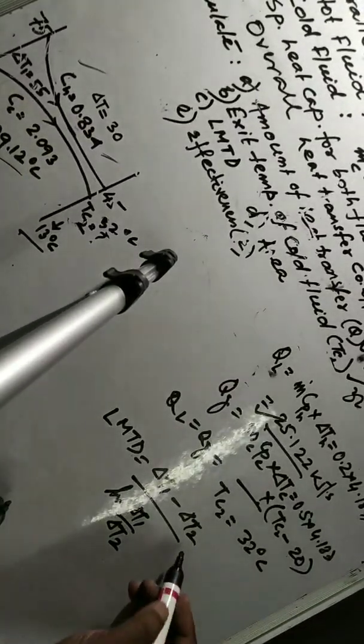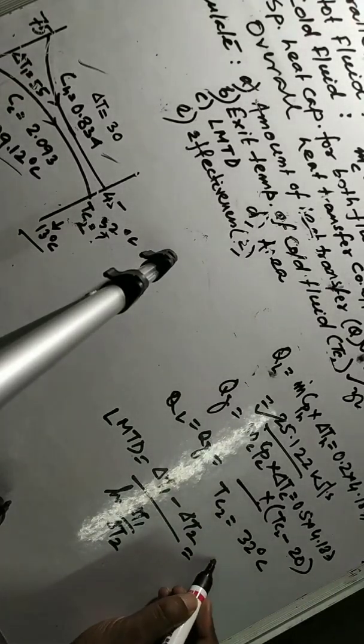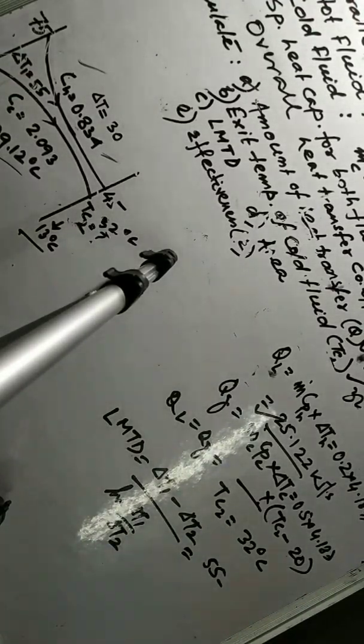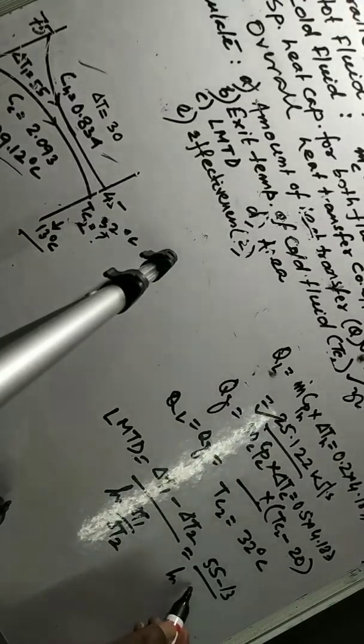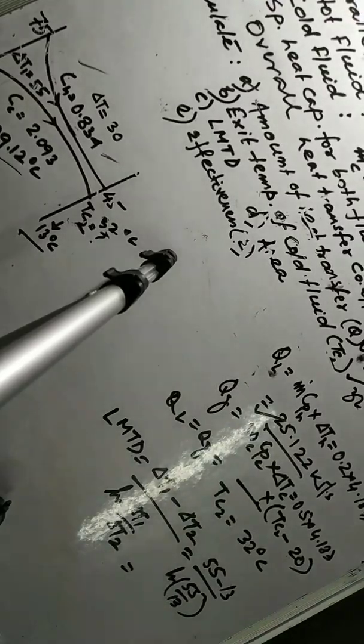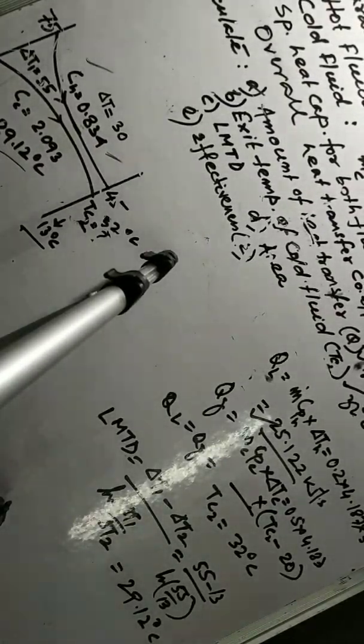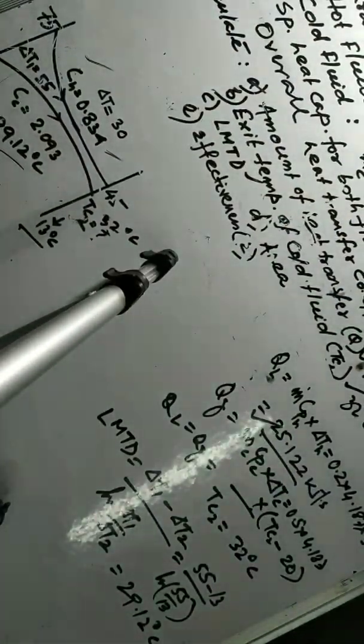Put the value. This is 75 minus 20, 55. Here it is 45 minus 32, 13. ln 55 divided by 13. So LMTD will be somewhere 29.12 degree centigrade. So this way you can calculate LMTD.